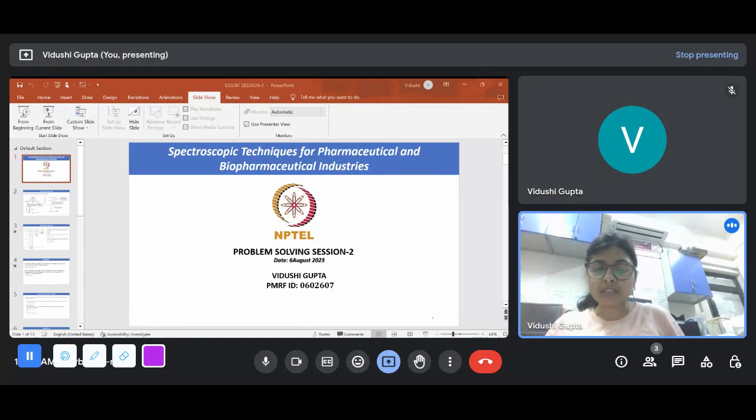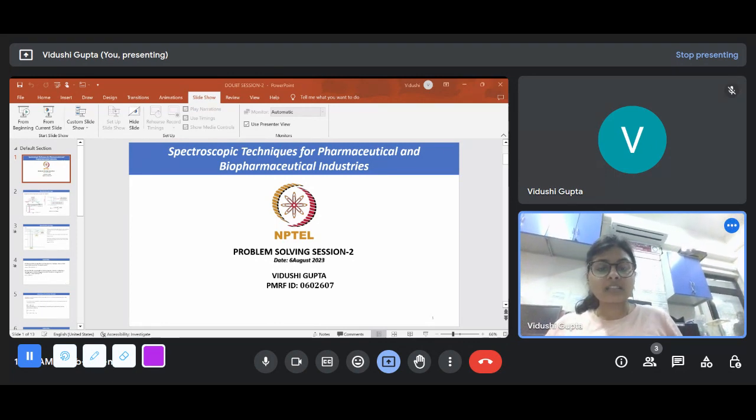Now moving to the Balmer series. Balmer series are those in which the transition is from a higher energy level to the second orbit, that is n equals 2, and the Balmer series is obtained in the visible region.